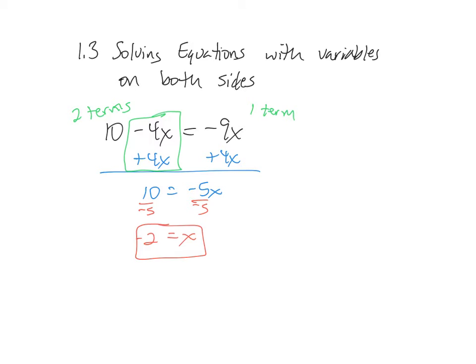In this case, it was adding. Right here, when I wanted to leave the x alone and move just the number, I multiply or divide, and most of the time it's divide. So that's a big thing to remember.